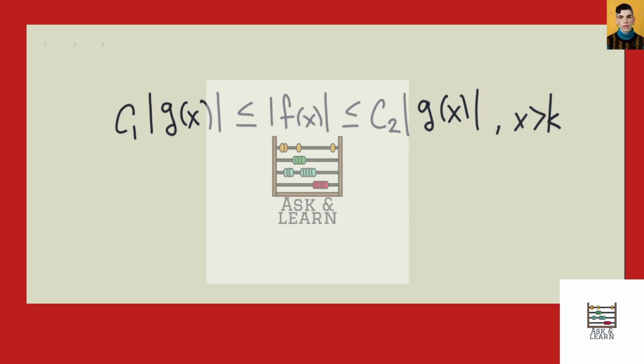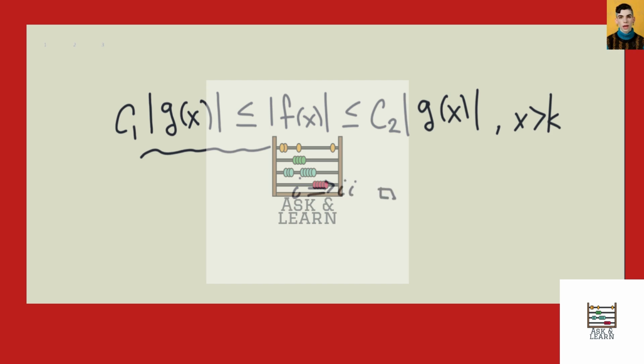All right, so therefore we've shown that there exist constants k, c1, and c2 such that this inequality holds. So the left to right case is now proven.